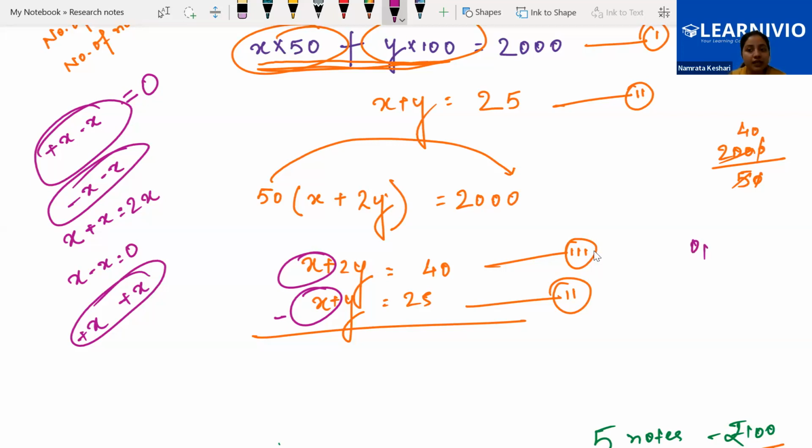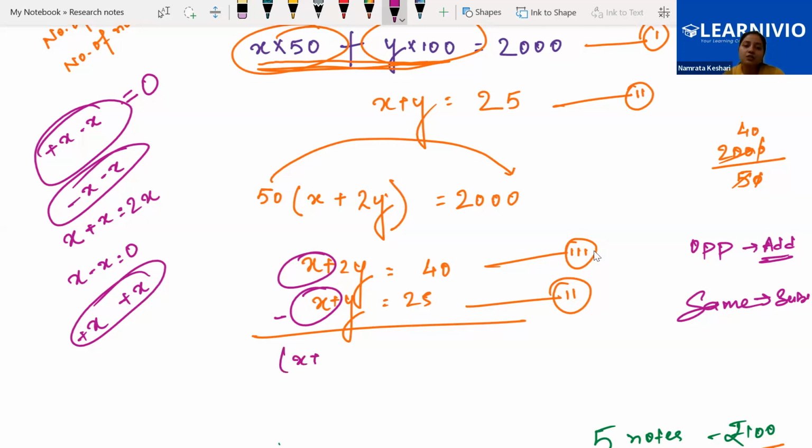If opposite, add them, because addition will not change anything. If both are minus minus or both plus plus, then subtract them. Here the same sign is there for x, so we will do the subtraction. By common sense also, x minus x will be 0.